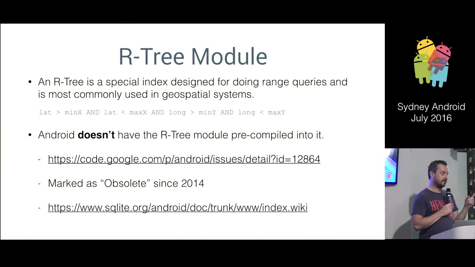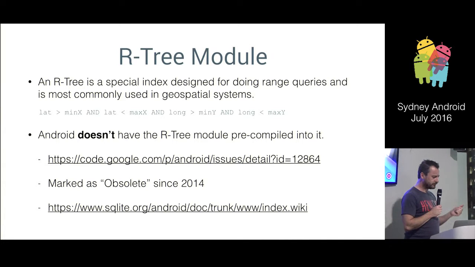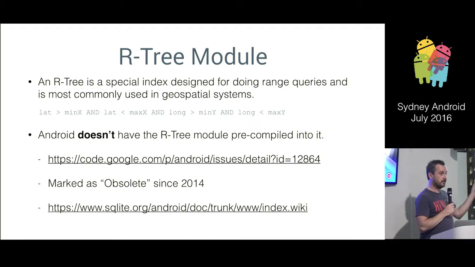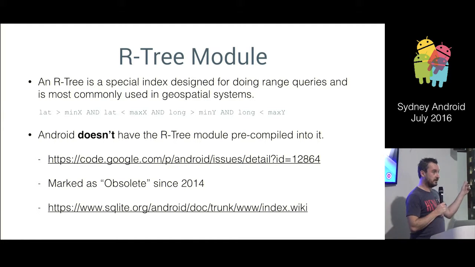The really cool thing, or not, is that the Android version of SQLite doesn't have the R-Tree module included by default. There is an Android issue asking for that to be built in, and it was marked obsolete in 2014, and it's still not in there, as far as I know.